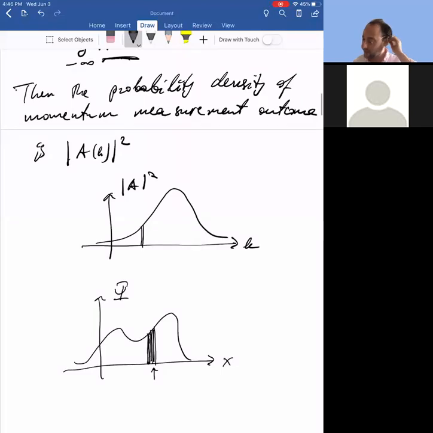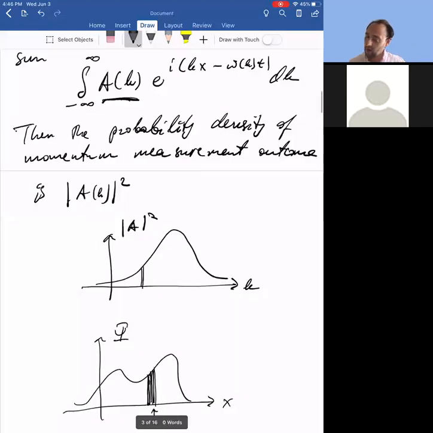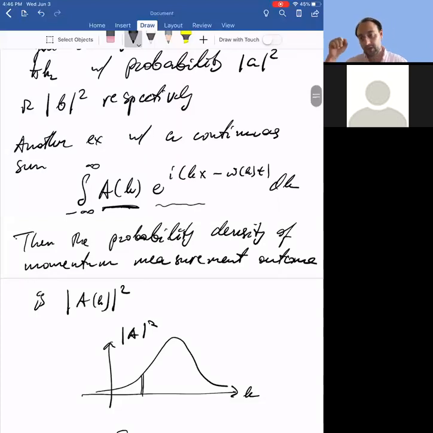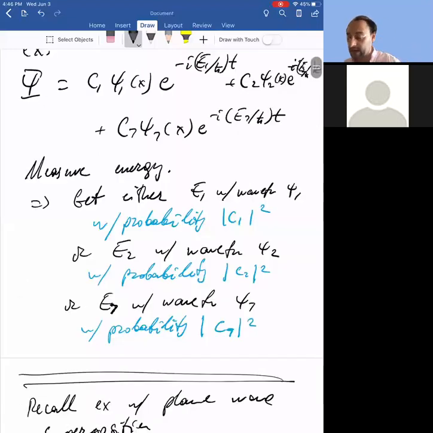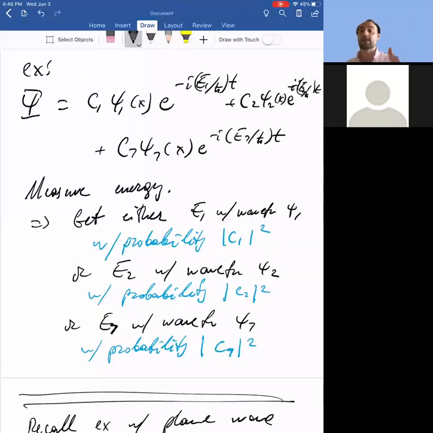If you express the wave function as a sum of wave functions that correspond to particular momentum, the plane wave, then when you do measure the momentum, here's a discrete example, the probability of obtaining that particular momentum, h bar k1 or h bar k2, is given by the square of the amplitude of A or the square of the amplitude of B. When the wave function is expressed as a sum of wave functions that correspond to particular energies, then when you make the measurement of energy, you're going to get one of those energies that are in the mix, in this case, E1, E2, or E3, or E7.